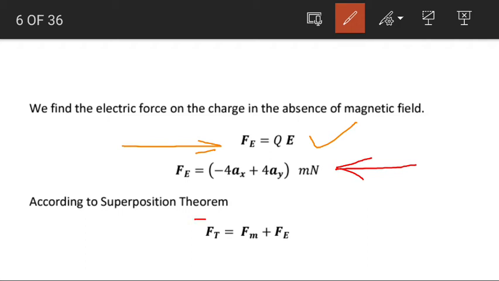According to the superposition theorem, we take the vector sum of these two forces, and the vector sum of these two forces results in the total force.